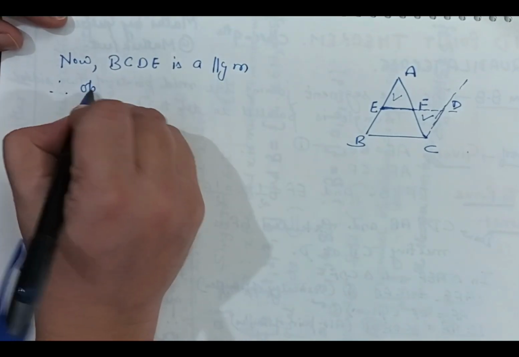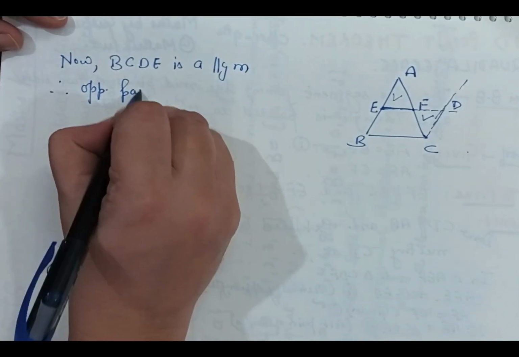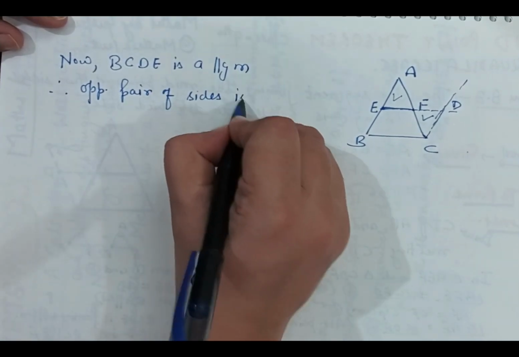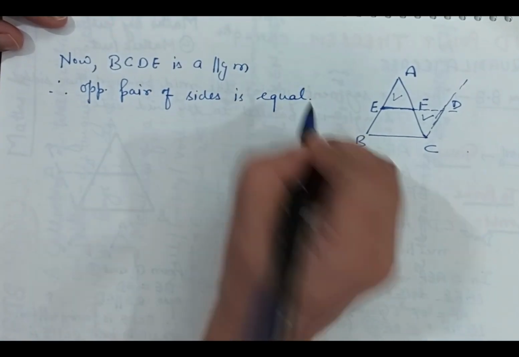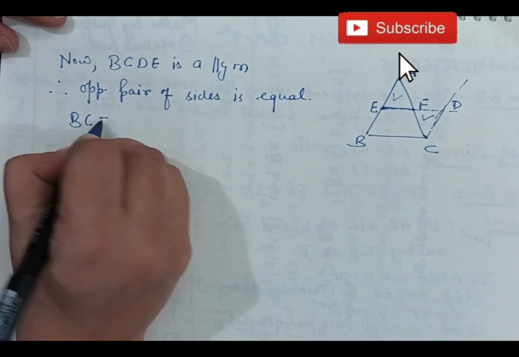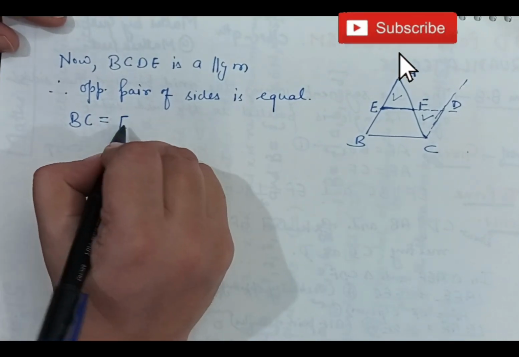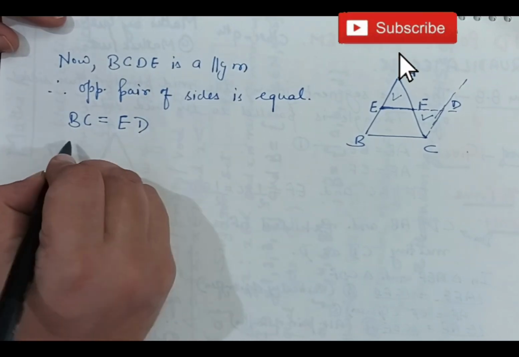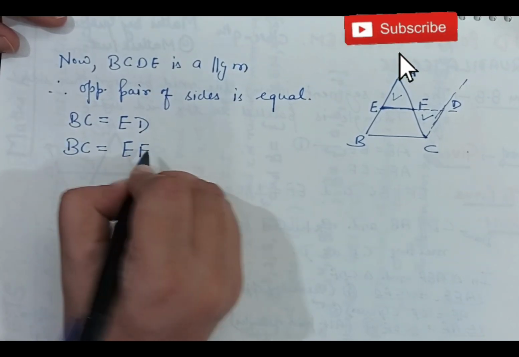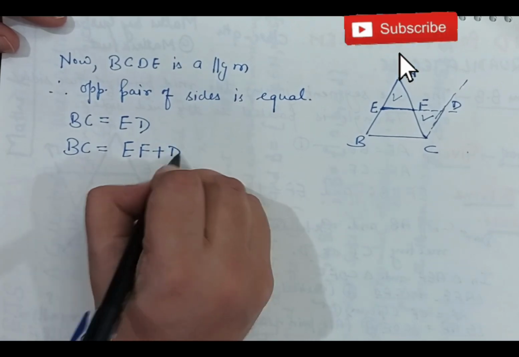Therefore, the opposite pair of sides is equal. So I can write BC is equal to ED. When BC is equal to ED, this ED can be written as EF plus DF.